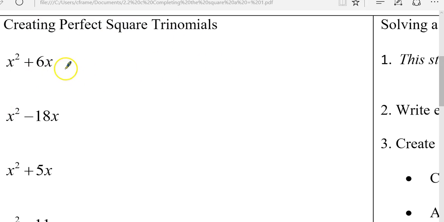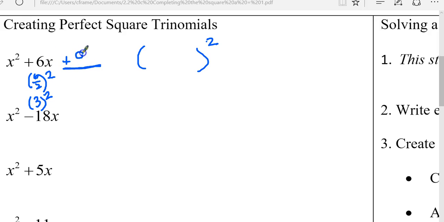To do that, what I'm trying to create is a trinomial that will factor into a quantity squared. So we focus on the b term, cut the b term in half, and then square it. 6 divided by 2 is 3, and 3 squared is 9.